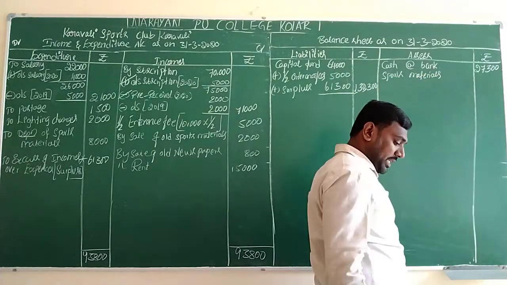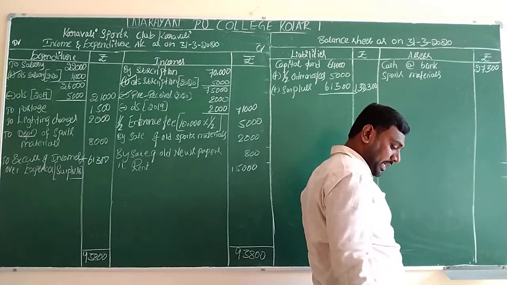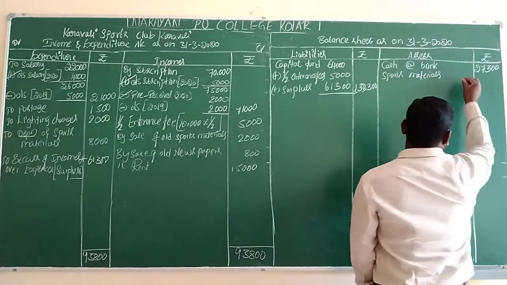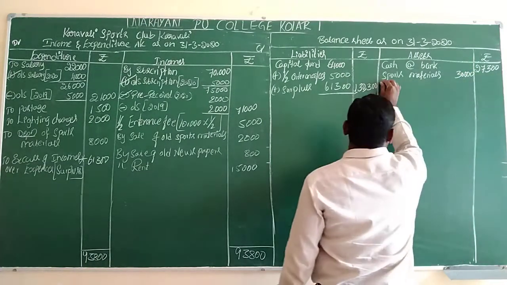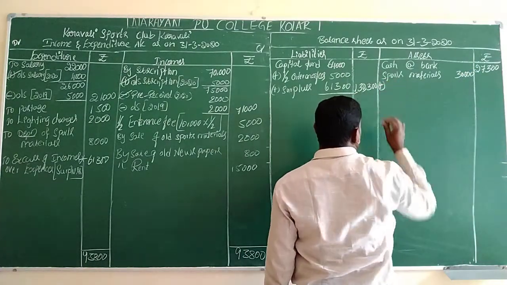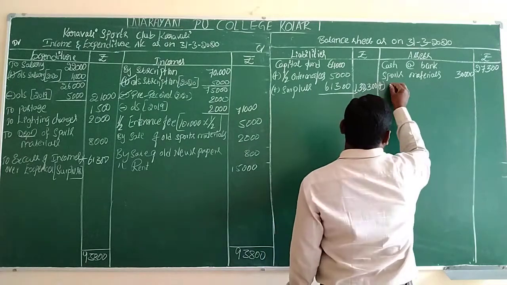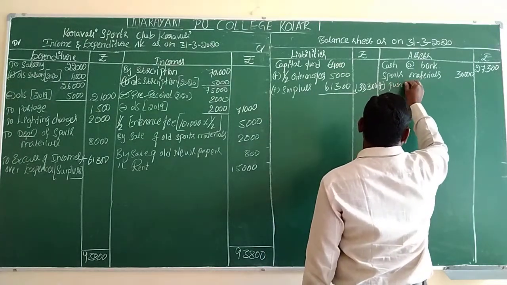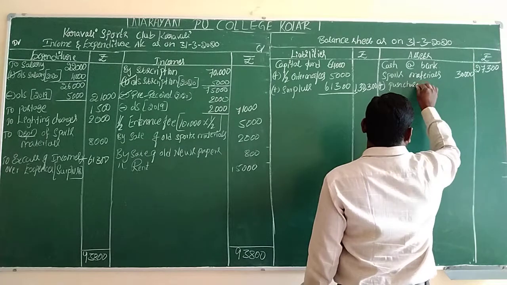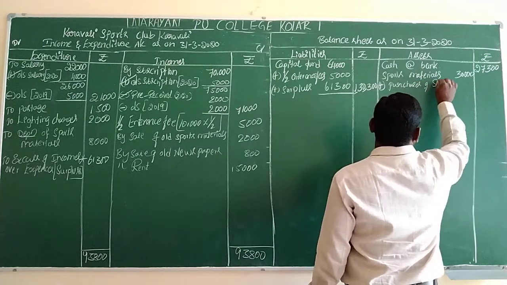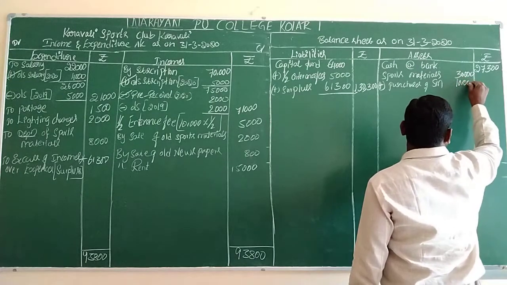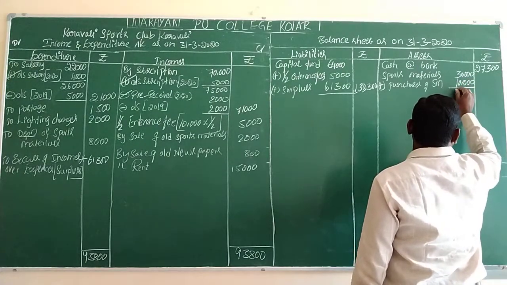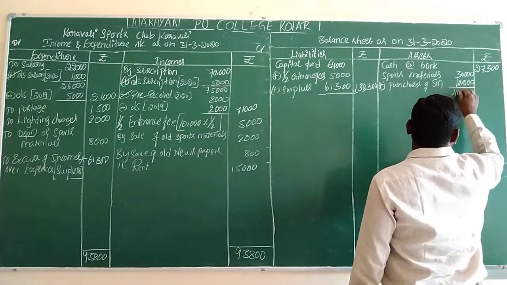For these sports materials, we will write in the inner column 30,000. For this, we have an adjustment under receipts and payments, purchases of sports materials, the value is 10,000. 30 plus 10, we get 40,000.